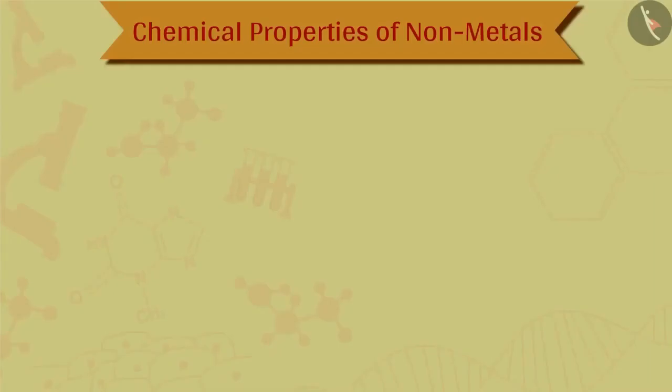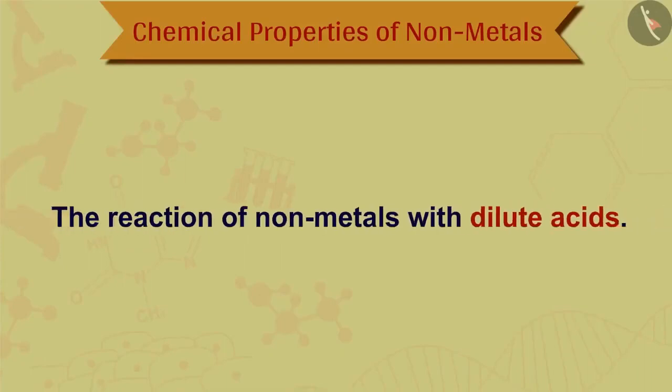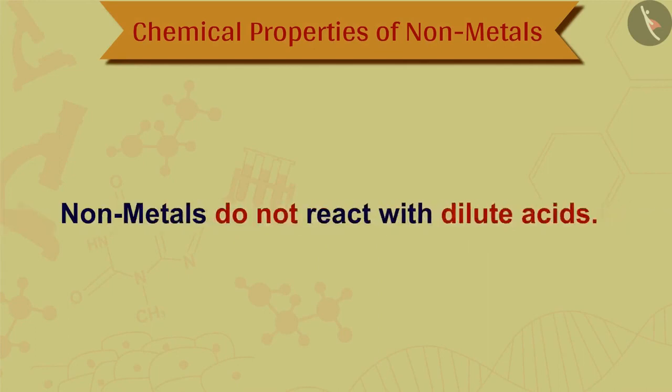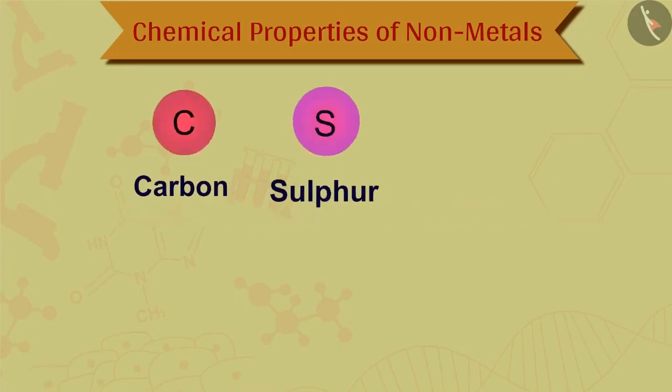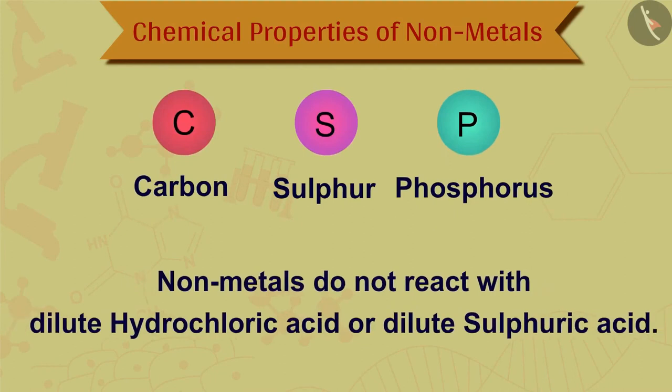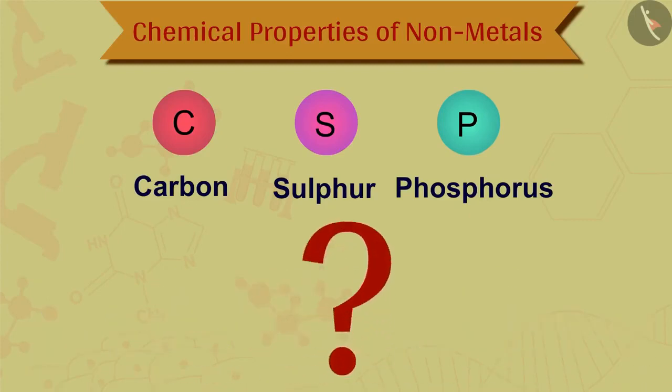The next property of non-metals is the reaction of non-metals with dilute acids. And children, you will be surprised to know that non-metals do not react with dilute acids. For example, non-metals like carbon, sulfur and phosphorus do not react with dilute hydrochloric acid or dilute sulfuric acid. But do you know why?